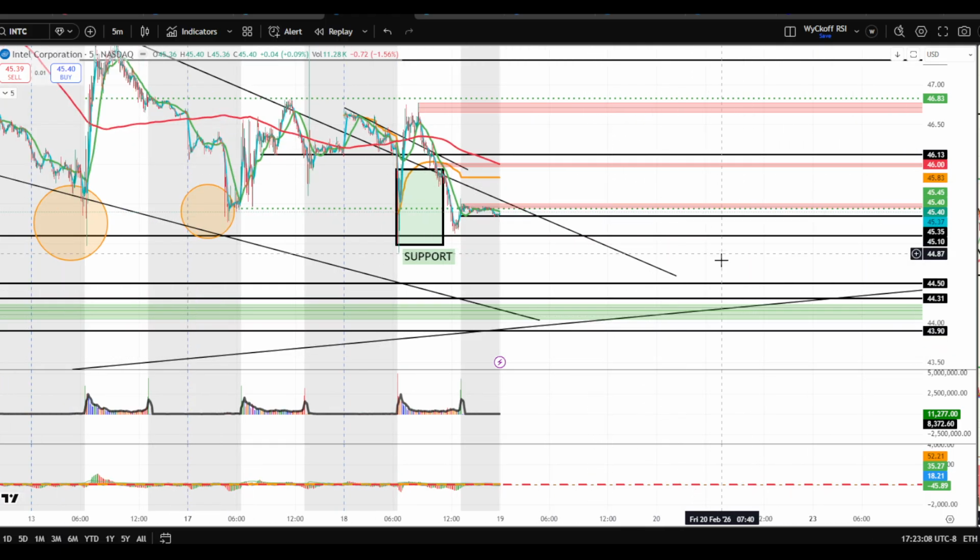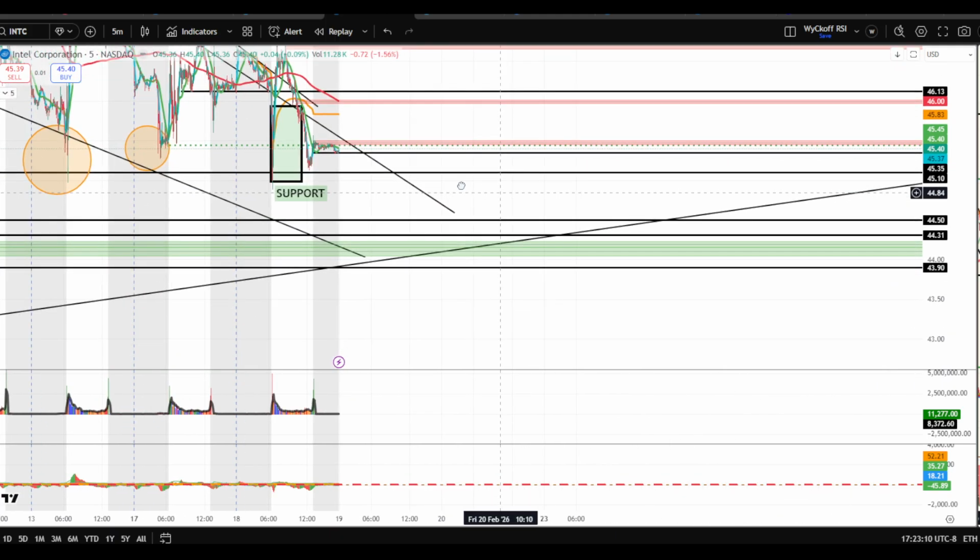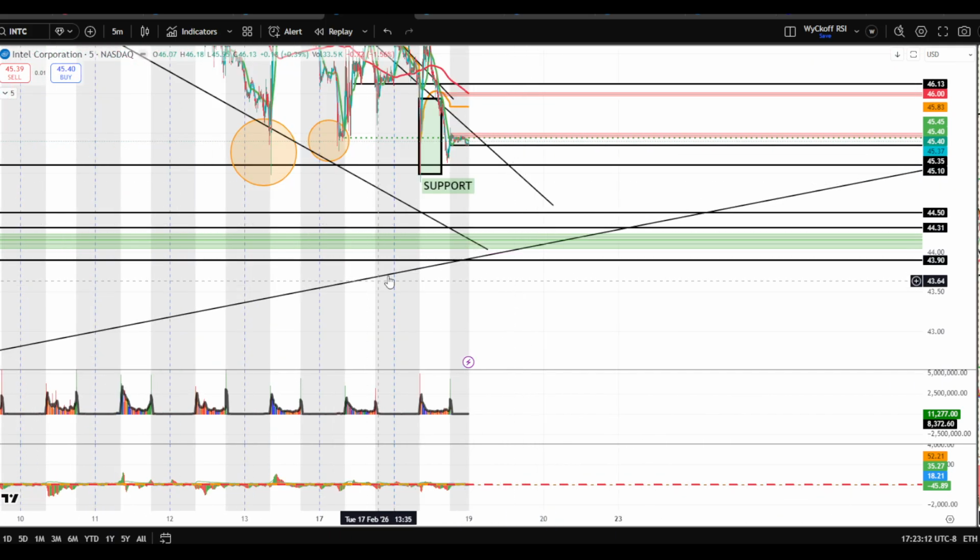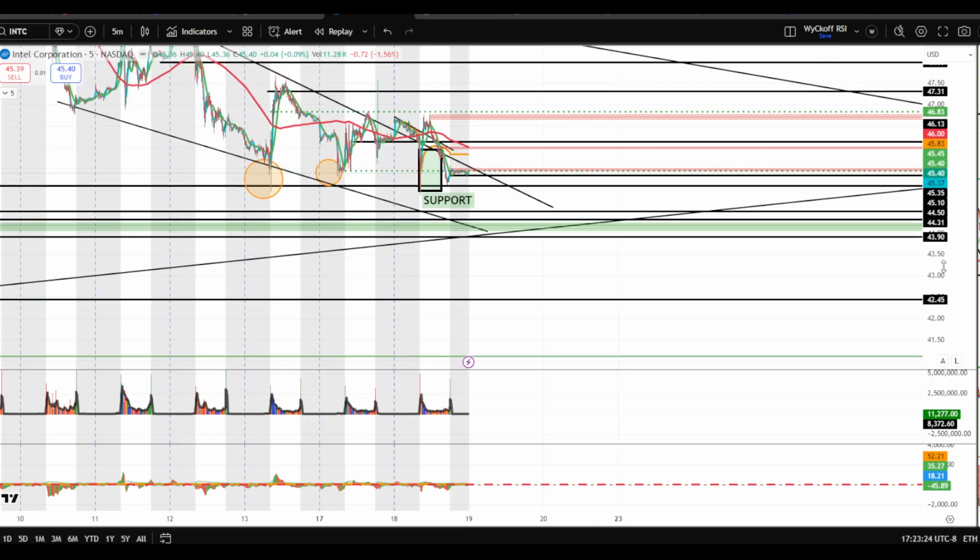Again, we're not in the prediction market. The upward trend is right here that I'm showing you on the bigger timeline. If it is going to break down, it will break this trend on the bigger timeline.